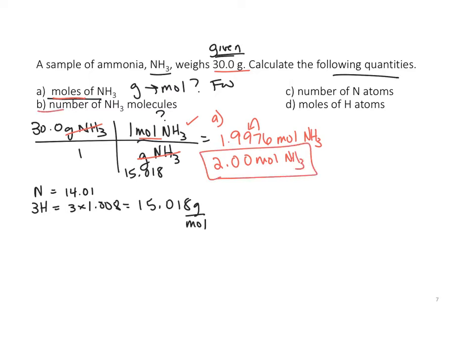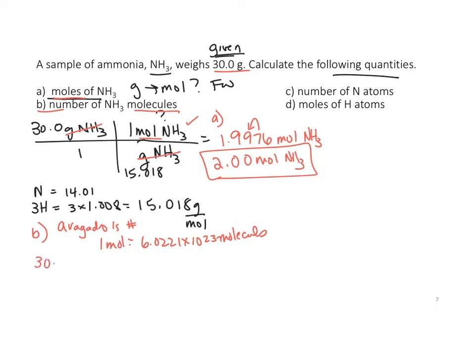All right, so let's do B. B, the number of molecules. You need to use Avogadro's number, because the number of molecules in 1 mole is 6.022 times 10 to the 23rd, and it can be anything. In this case, it's molecules. So we're at grams.